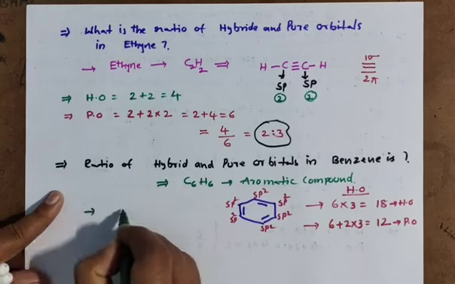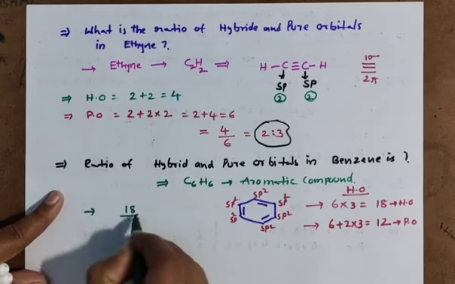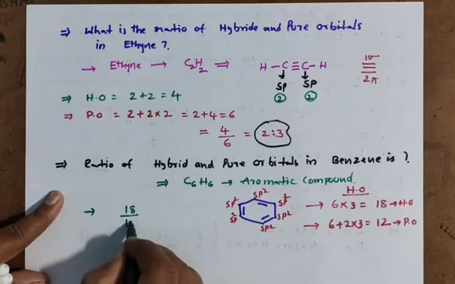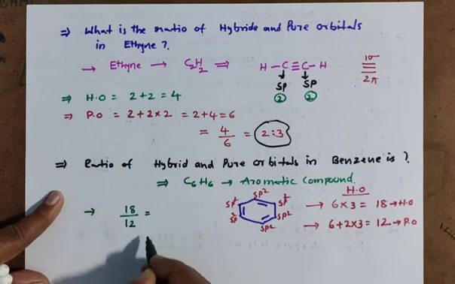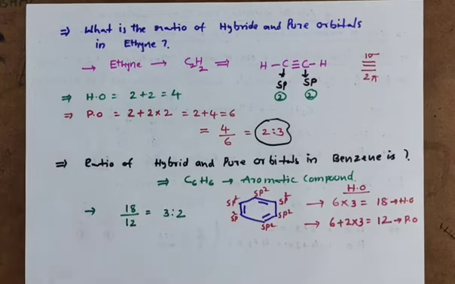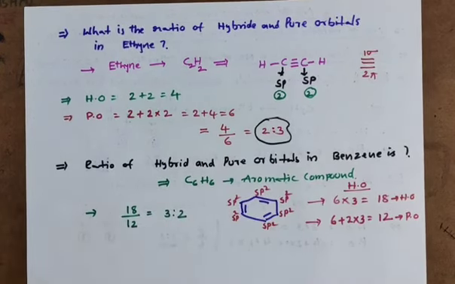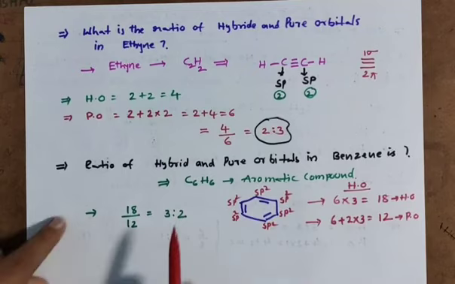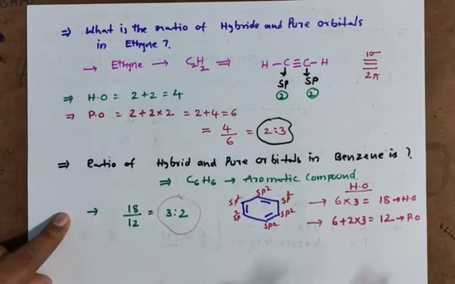So the ratio of hybrid orbitals to pure orbitals is 18 by 12, nothing but 3:2. So in benzene, the hybrid to pure orbitals ratio is 3:2.